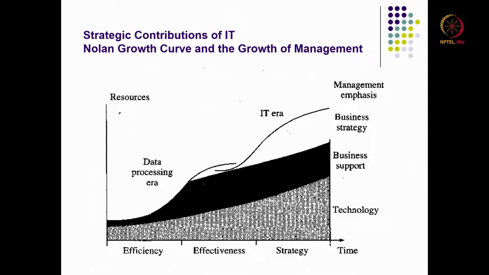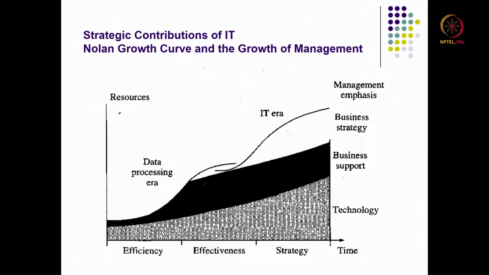So, the Nolan growth curve, if you look at it, time on the x axis, resources on the y axis, you have the blocks coming in: efficiency, effectiveness, strategy.